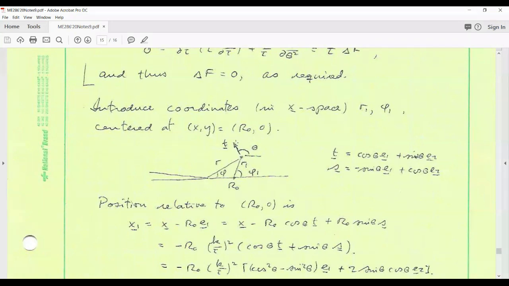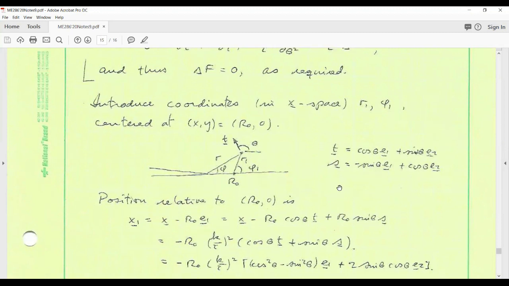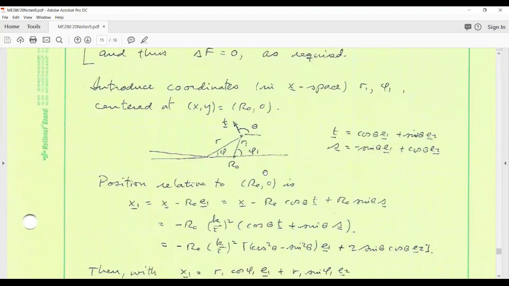And t, remember, was perpendicular to r, the radial vector from the crack tip, located at angle theta. And S had that representation. And let's look at the position of a point relative to the center of this disk. That disk is located, in terms of our original basis, at r0 times e1.